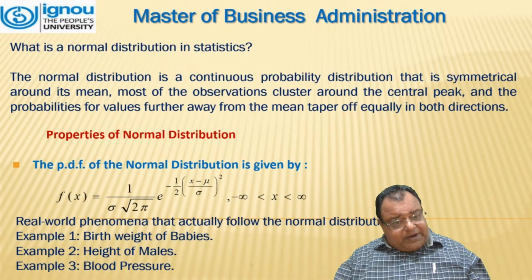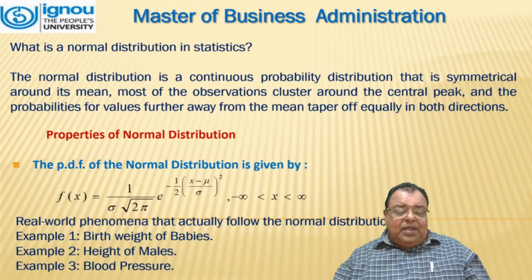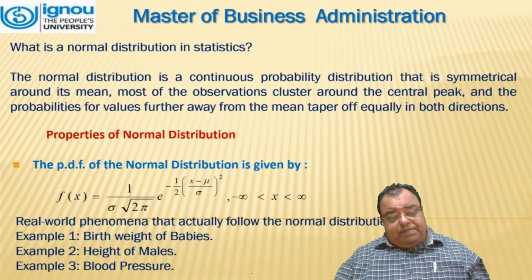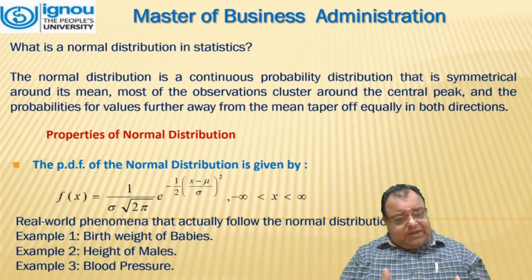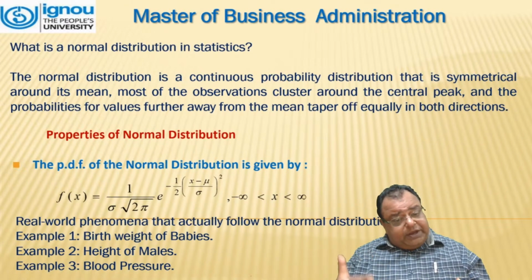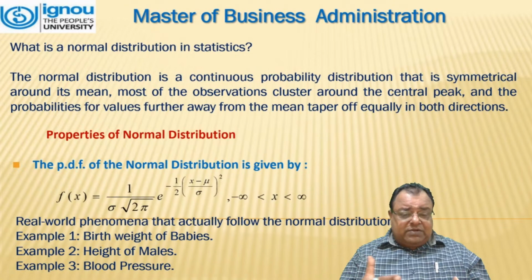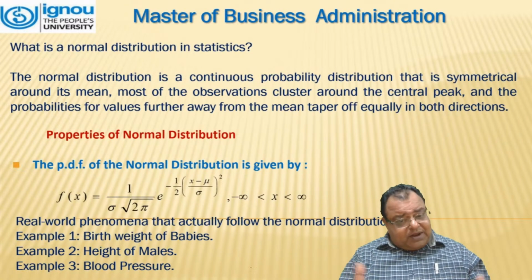What are the properties of normal distribution? We have the probability distribution function of normal distribution is given by f(x) equal to 1 upon sigma under root 2 pi into e raised to the power minus 1 by 2 within brackets x minus mu upon sigma whole square.